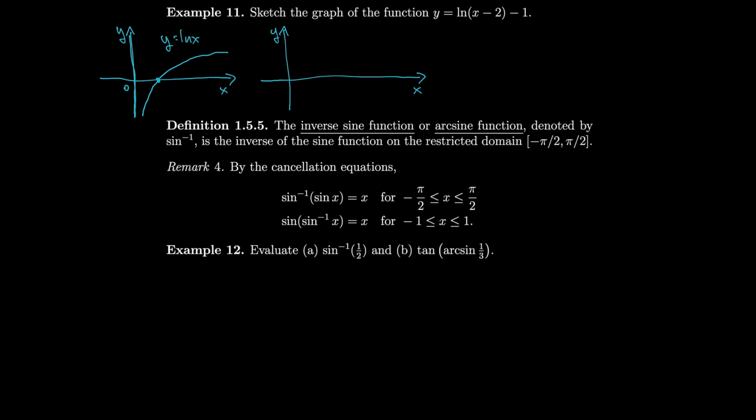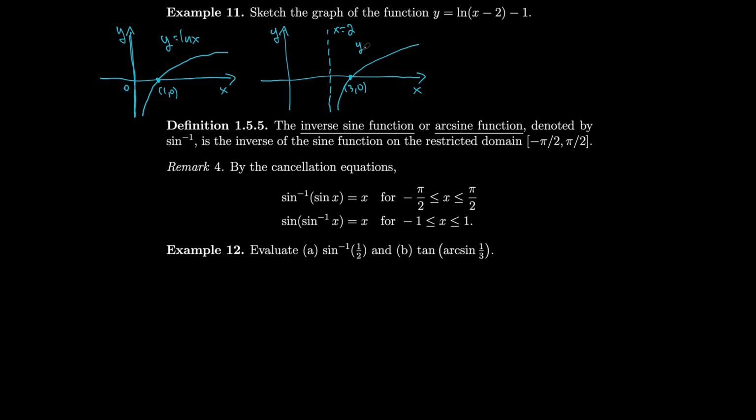So that's going to move over 1, 2. So that's like over here. That's x equals 2. And that means that this was the point 1, 0. So this is going to be the point 3, 0.